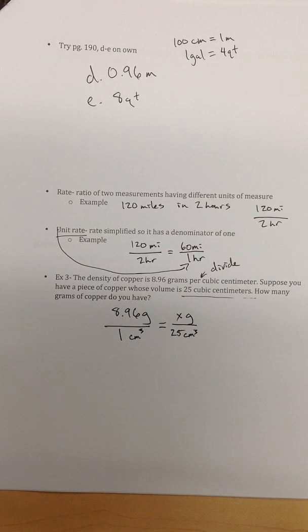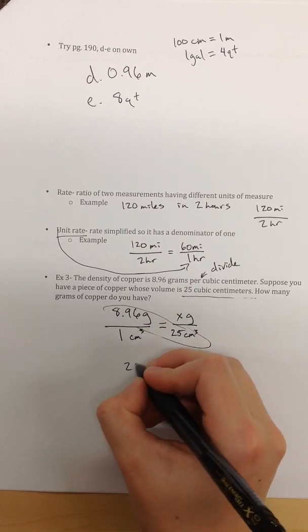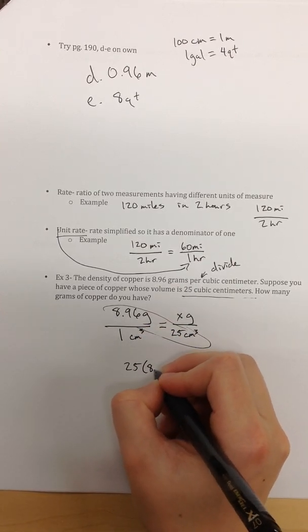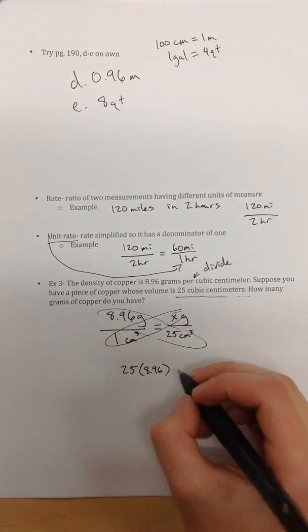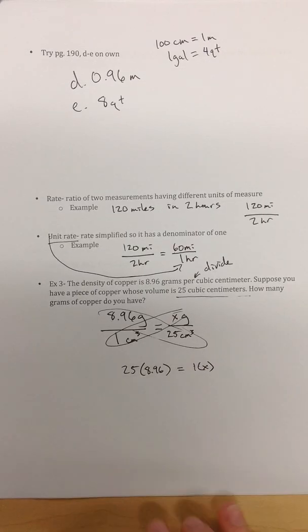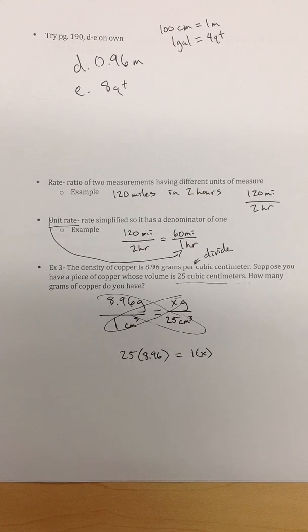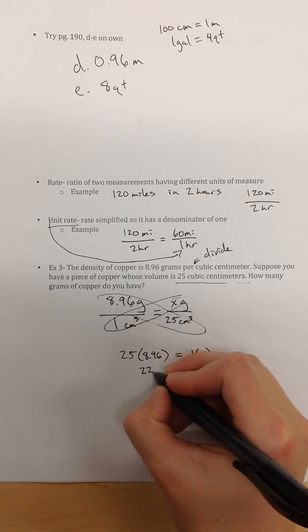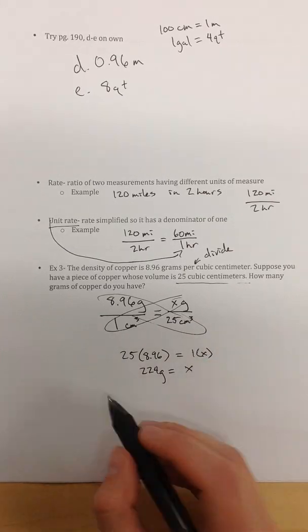What we want to do here is our cross products, so we would do 25 times our 8.96, and then x times our 1, and then we probably have to use our calculator. 8.96 times 25 would be 224 grams, is equal to x.